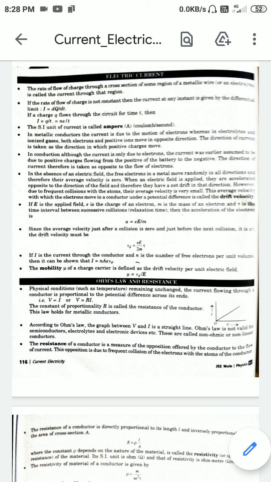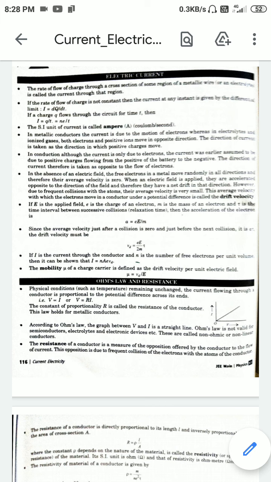In the absence of an electric field, the free electrons in a metal move randomly in all directions, and therefore their average velocity is zero. Whenever the electric field is zero, current is zero, then average velocity is also zero. When the electric field is applied, they are accelerated opposite to the direction of the field, and therefore they have a net drift velocity in that direction.